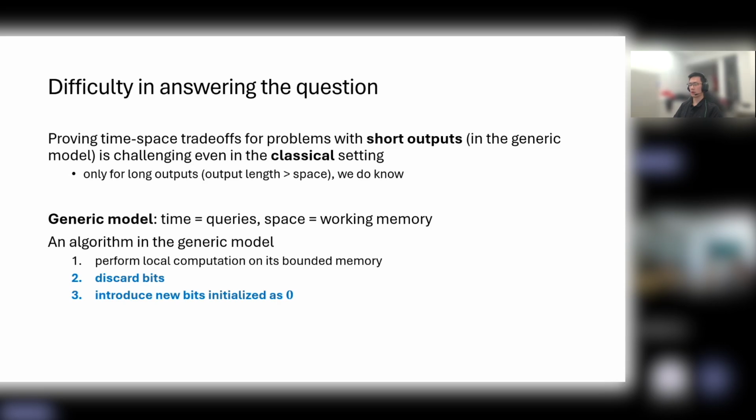The second point is very important: it can discard bits. For a quantum algorithm, this means discarding qubits. You can trace out quantum systems, and you can also introduce new bits initialized as 0, as long as at every step the memory that you hold does not exceed the memory limit.